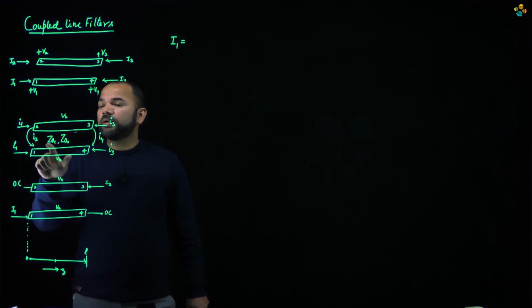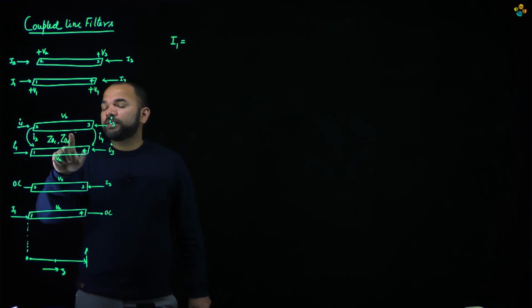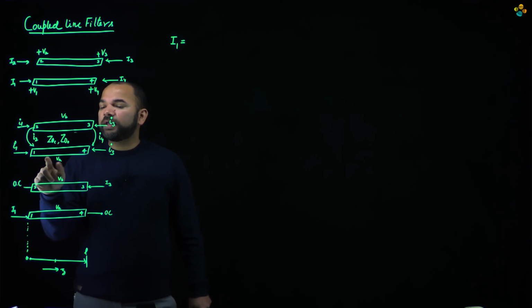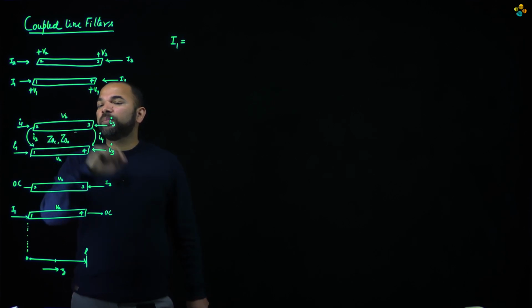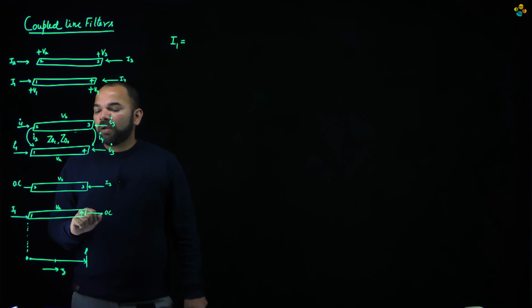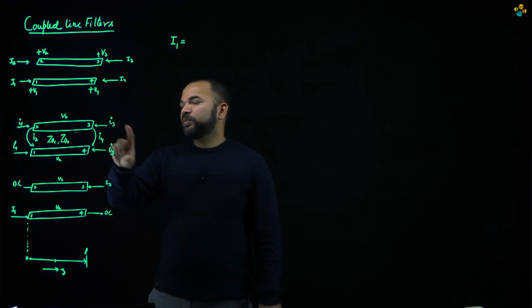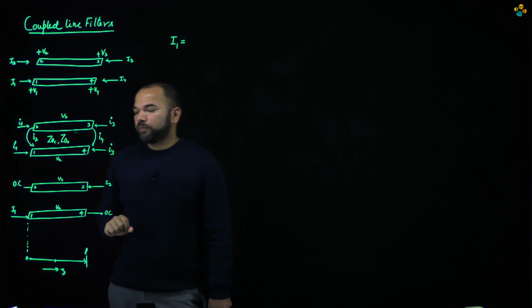This is called Z0E. This is Z0 in even mode and this is Z0 in odd mode. In order to represent a voltage at any point in the transmission line, these are VA for this line and VB for the top line. This is the configuration, and similarly for the third and fourth port.